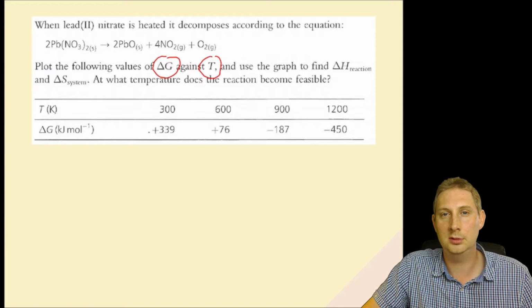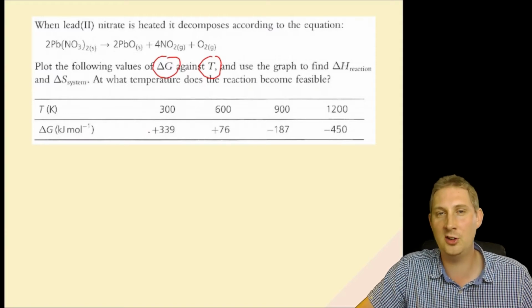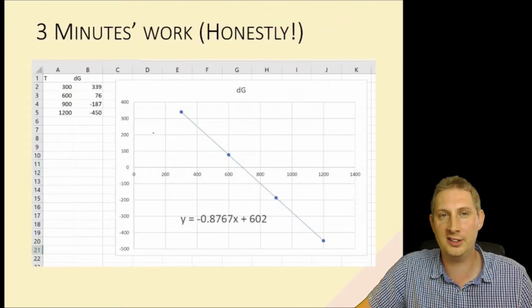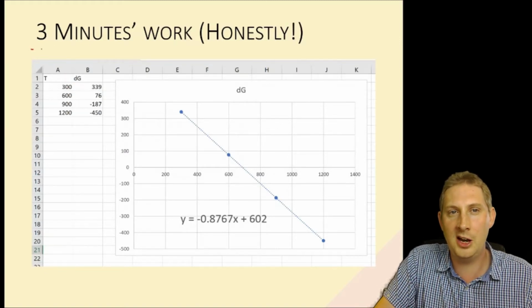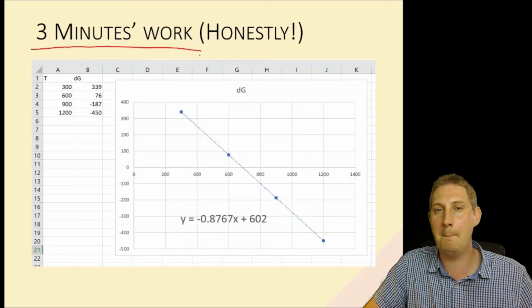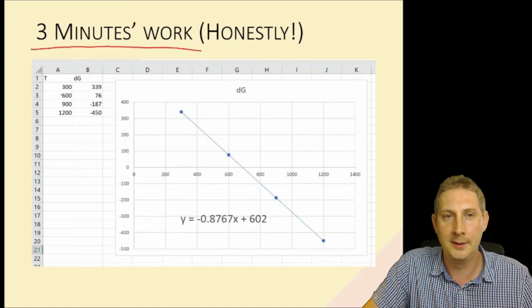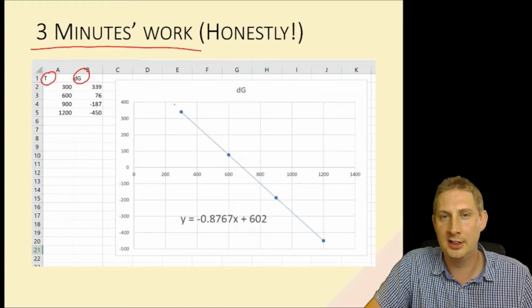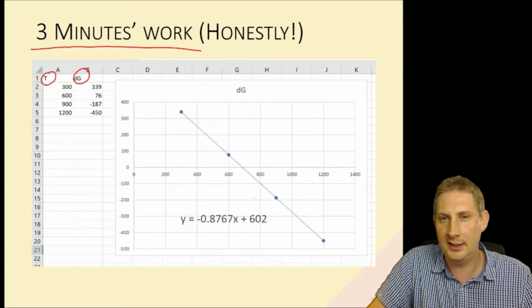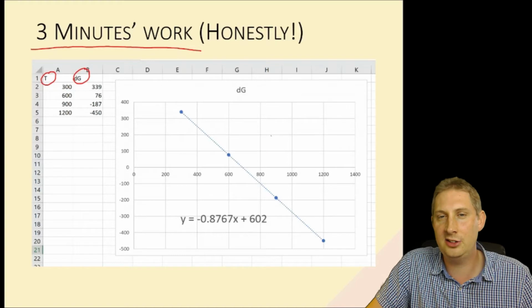Now, I decided not to stick a video of me doing this, but you can trust me when I say this took me, including the time to open Excel, 3 minutes to do. I've got temperature against delta G, I typed in the numbers, I created a chart, and that's this, and then I added a trend line to this.